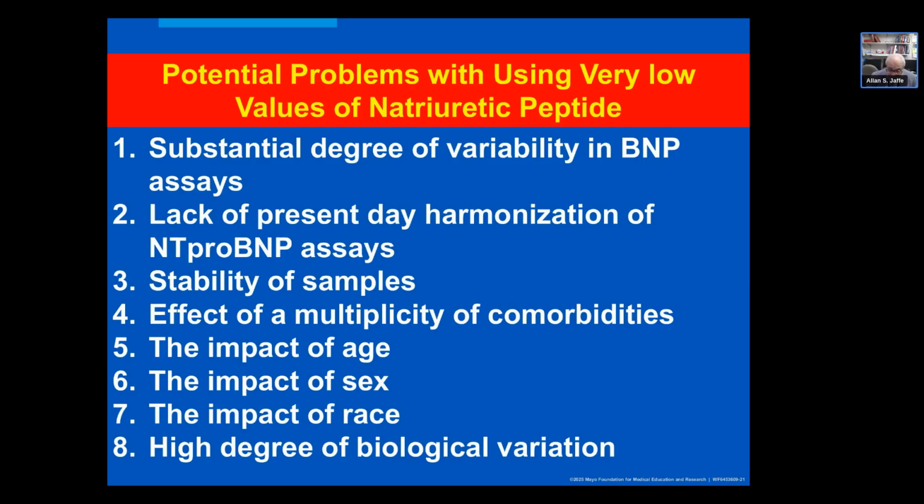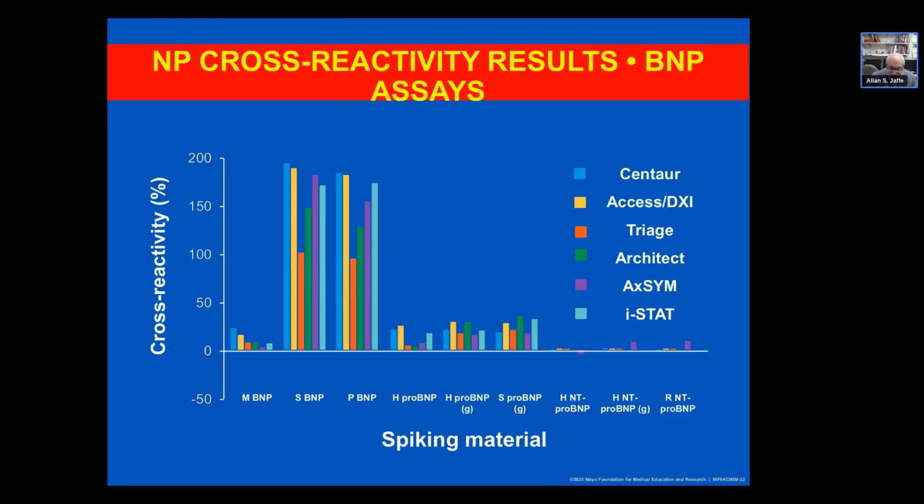With age, as was suggested by the criteria, values tend to go up. Same thing with sex. Women have higher values. I showed you some data about differences in race. And finally, there is a very high degree of biological variation. So let's look at a couple of these for a moment.